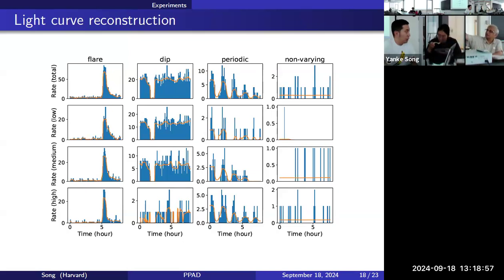So the second from the top in the periodic and the first from the top in non-varying look very similar, and the second half of the periodic looks very similar to the non-varying. Why is it that the periodic did pick up the fluctuations, but the one in the non-varying did not?